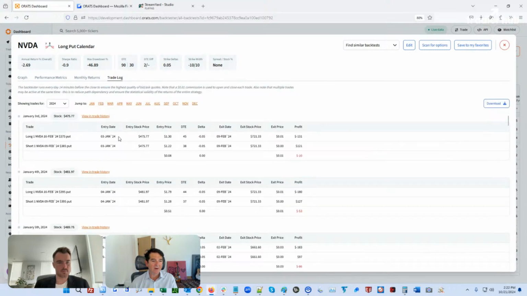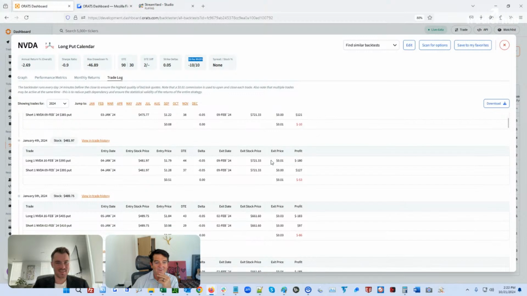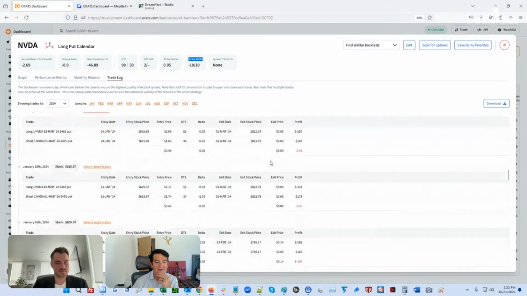So if you look at the trade log, this is on January 3rd, 2024, with the stock at 475. You got into the 375, 385. We didn't open that up, but at expiration, that was worthless, because the stock went from 475 to 721. So again, huge rally there.